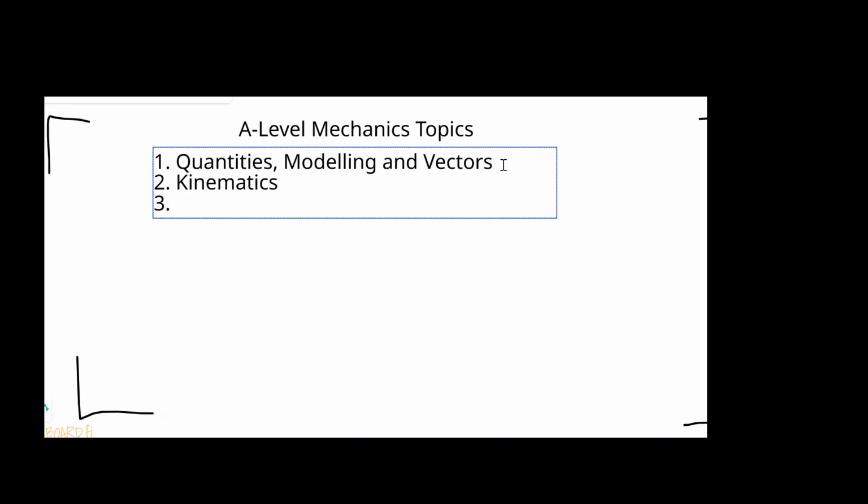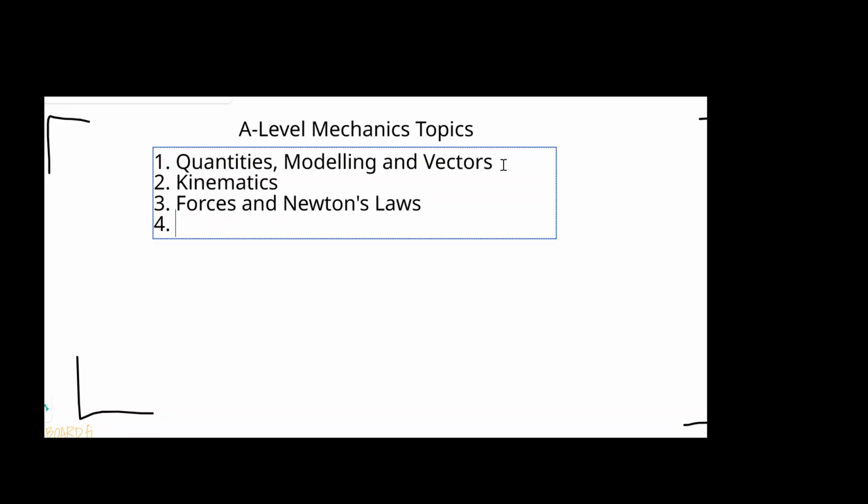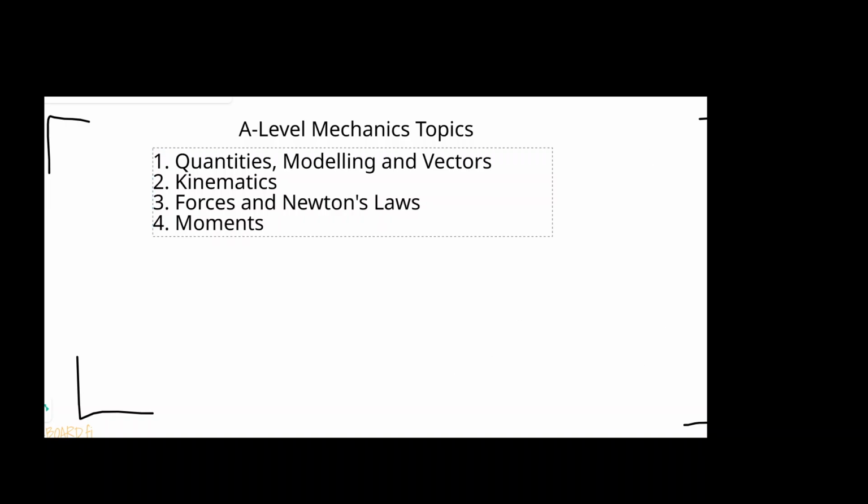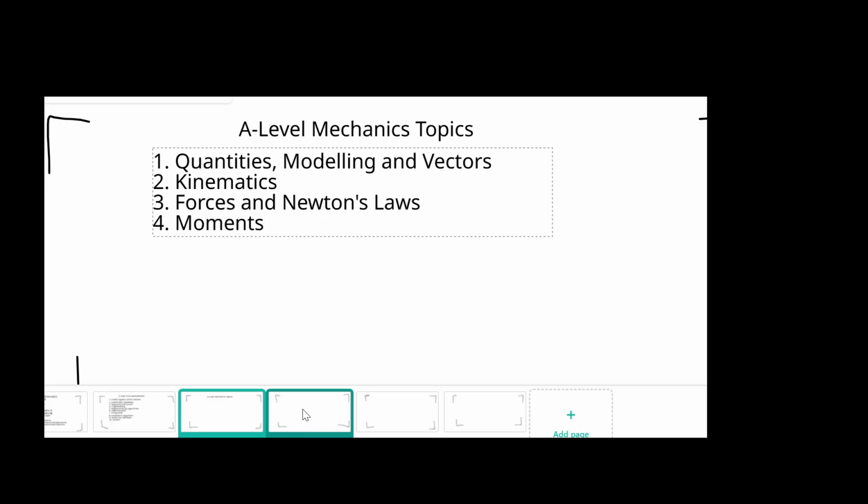And the next one is forces and Newton's law. And the fourth one is moments. Okay, so that's that for the mechanics topics.